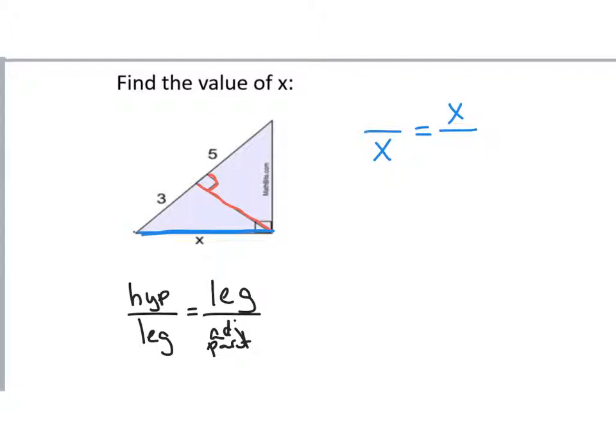Between the whole hypotenuse, I have to travel 3, and then I have to travel 5, so 3 plus 5 is 8. And then the adjacent part: if I'm looking at this leg right here, the one of 3 and 5 that touches this piece is the adjacent one, so that's going to be 3.